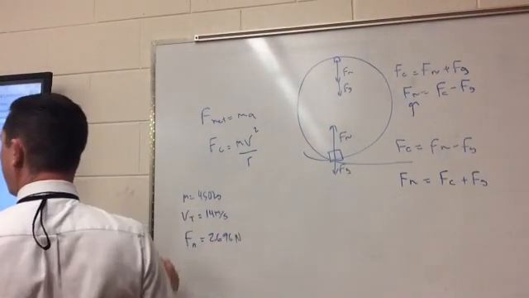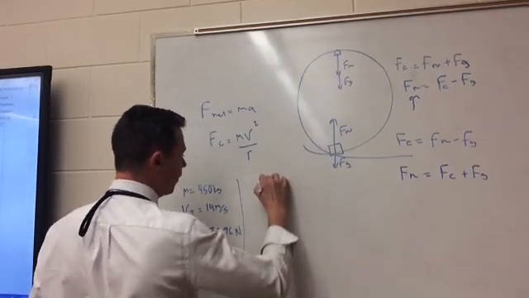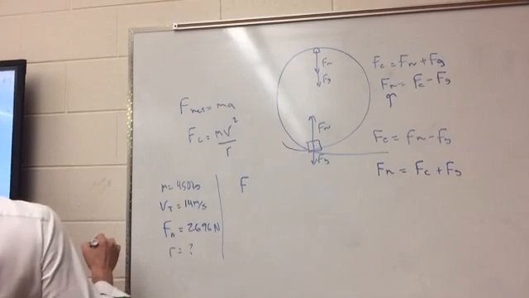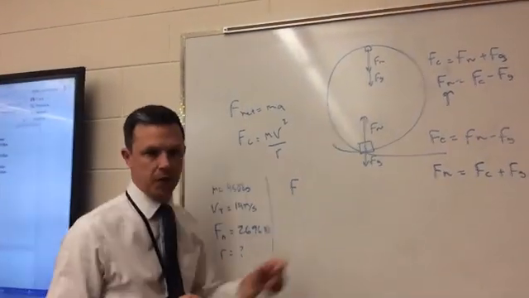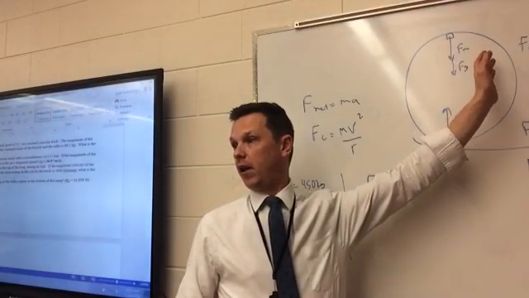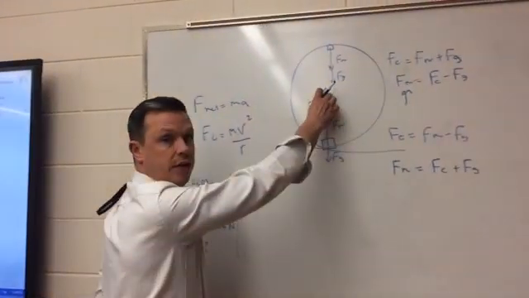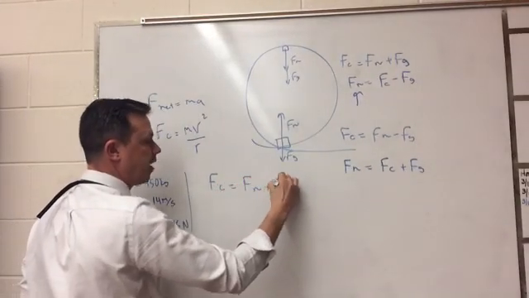2696 newtons. What is the radius of the loop is what they're asking. So in this case, we ask ourselves, at the top of the loop, what does our formula look like? Well, both the forces are toward the center at the top of the loop, as you can see right here. So you've got Fc is equal to Fn plus Fg.